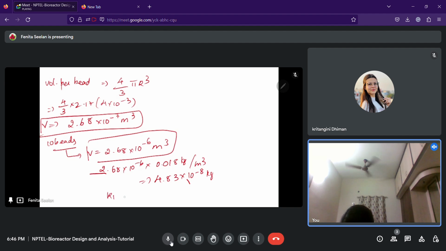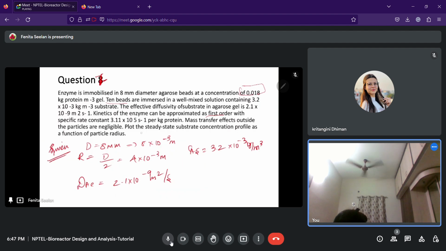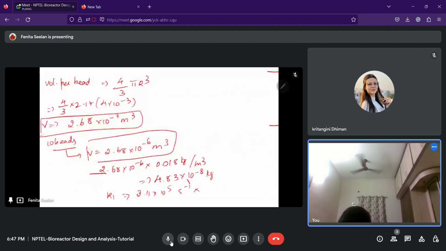So we have to calculate our K1 value, which is 3.11 into 10 power 5, divided by 4.83 into 10 power minus 8.